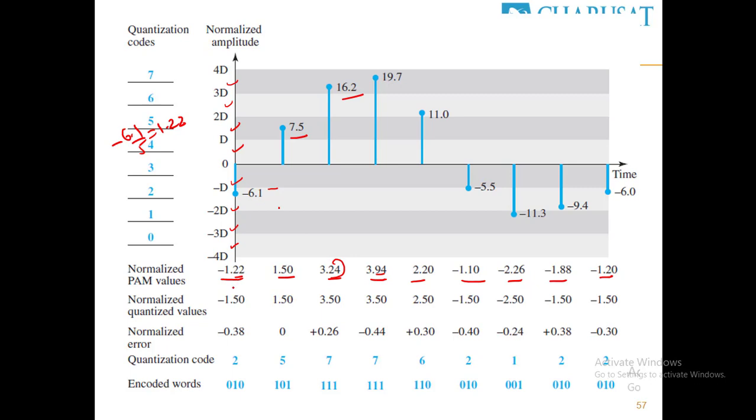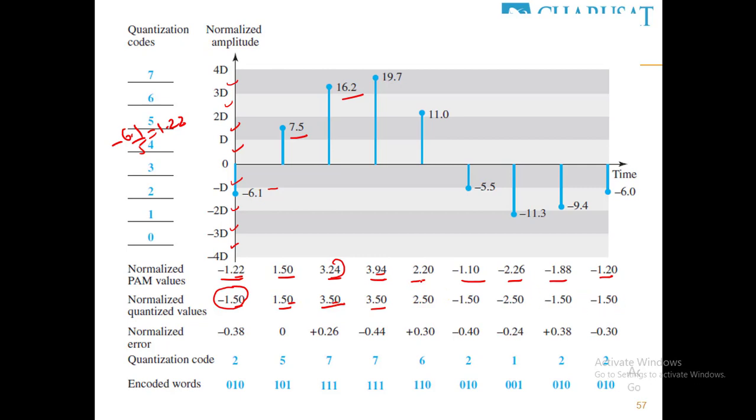So the average is minus 1.50. Similarly, this is 1.50, so replace it by 1.50. 3.24 becomes 3.50. 3.94 becomes 3.50. 2.20 becomes 2.50. So we will have discrete values over here, 0.50, 0.50 in all these cases.